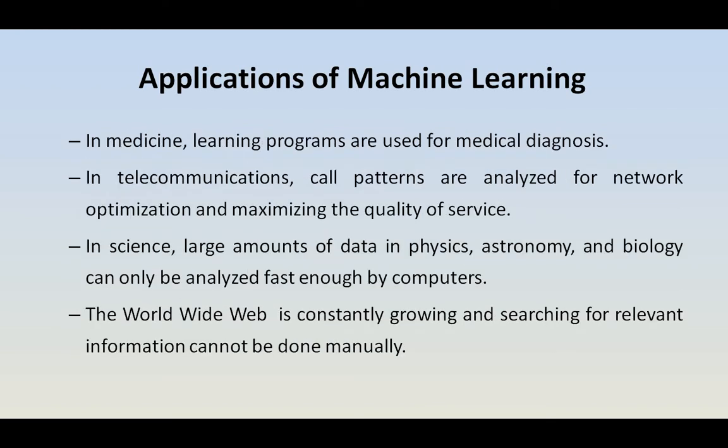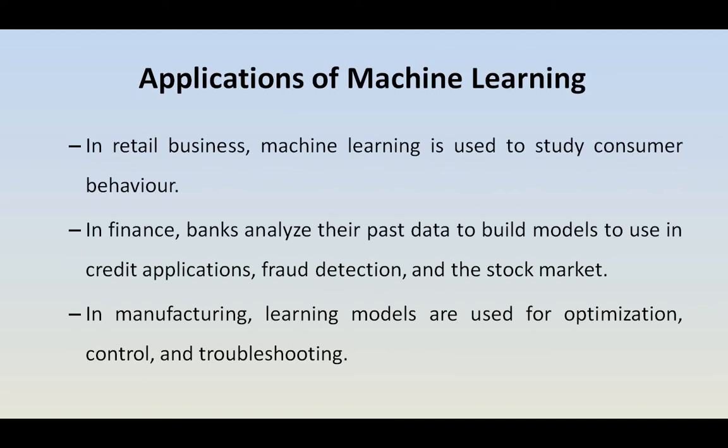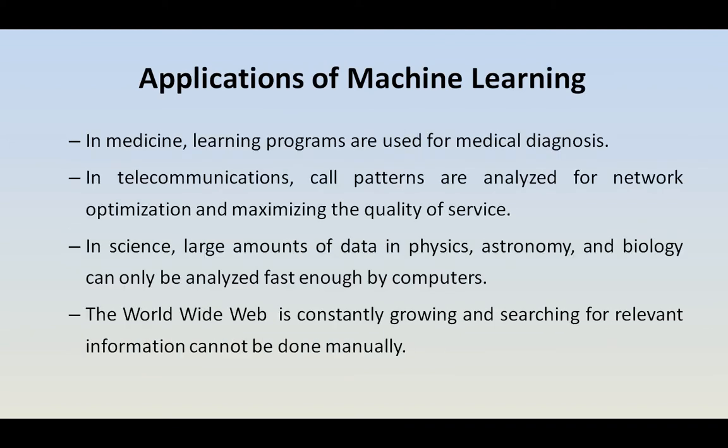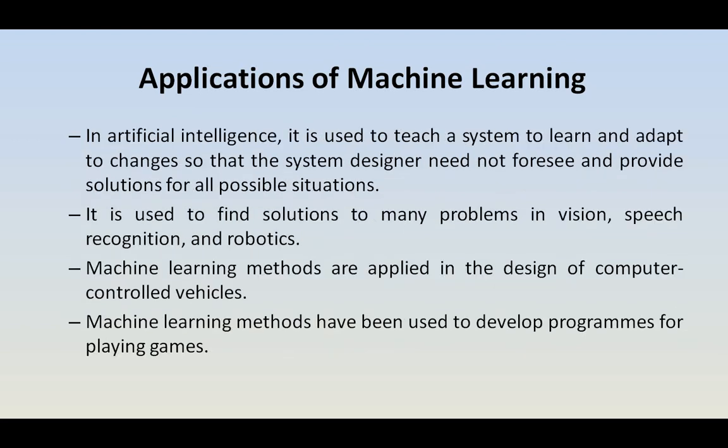So we have seen the various areas: the retail business, the finance sector, manufacturing, medicine, telecommunications, science, the World Wide Web, and artificial intelligence. In the artificial intelligence case, we can make machines learn from past experiences and act accordingly whenever such a situation arises in the future.